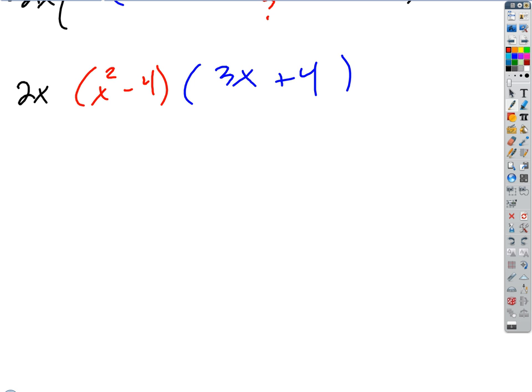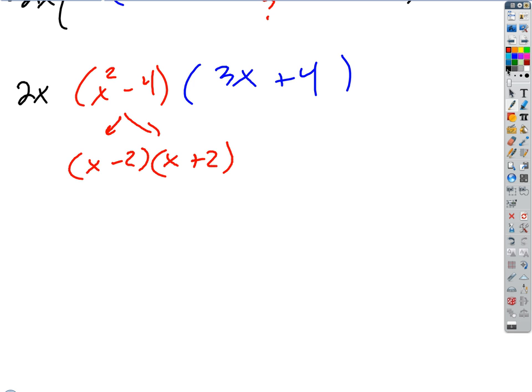Because x squared minus 4 is a difference of squares, isn't it? That's the same thing as x squared minus 2 squared. And so that actually breaks apart into what? X minus 2 times, no, plus 2.